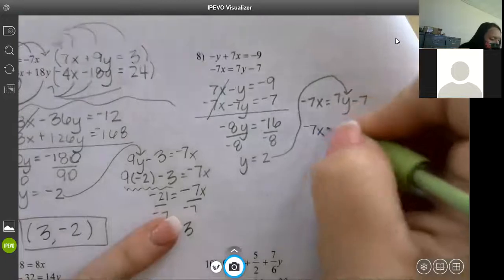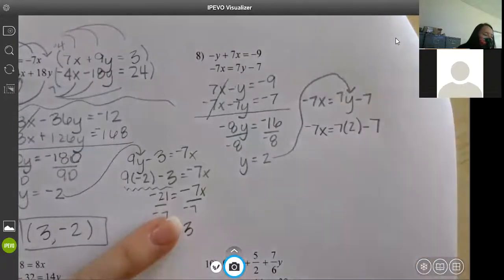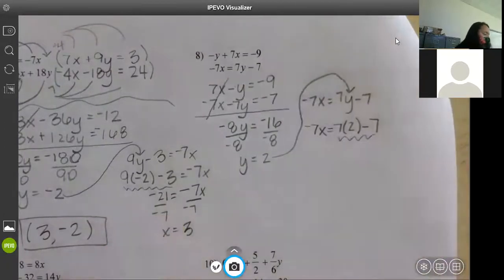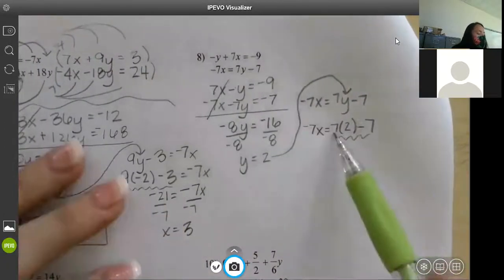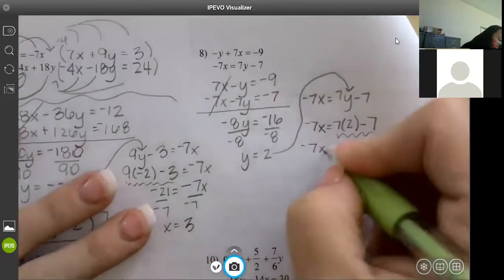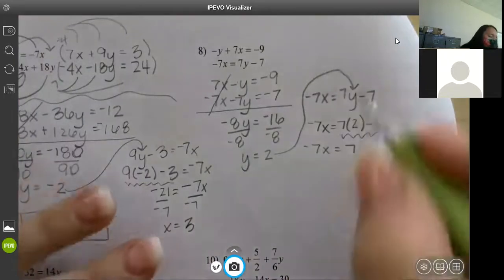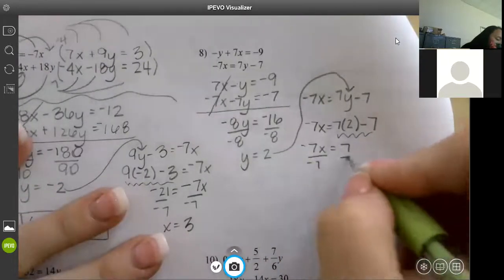So we get negative 7x equals 7 times 2 minus 7. These are all numbers. They can go in your calculator at one time. 7 times 2 is 14. Minus 7 is 7. Again, you can use your calculator. We're going to divide both sides by negative 7.